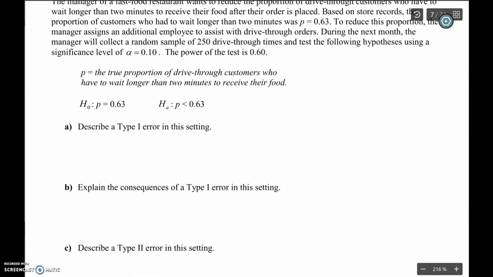Describe a type 1 error in this setting. So always remember, the null is true. So the percentage is still 63%, but we incorrectly think it's less.